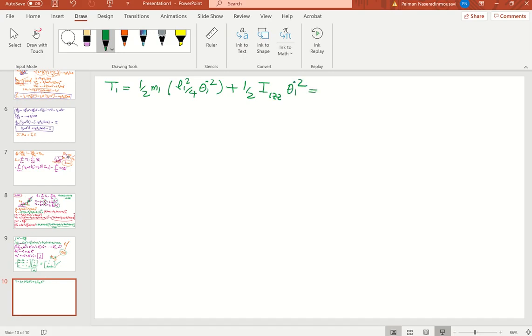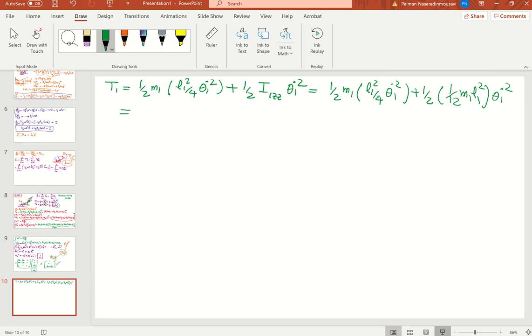And no doubt, you can find in any published book or on Google that I is 1 over 12 M1 L1 square with respect to the mass center, theta dot 1 square.